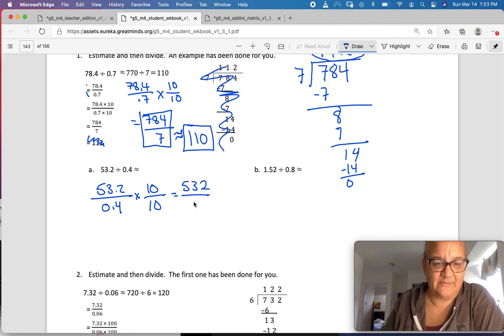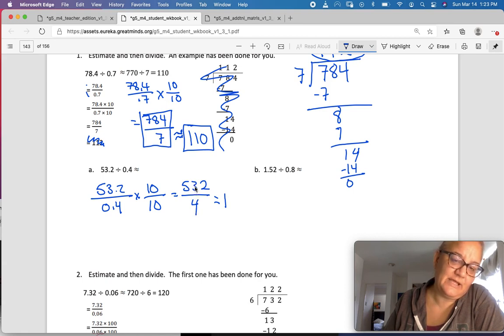532 divided by 4. Well, my estimate, 4 is going to go into 500 at least 100 times. And 132, let's see, 4 would go into 130 about, how many times? 3 times.